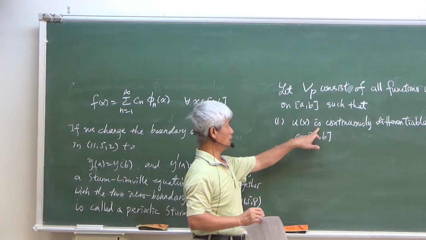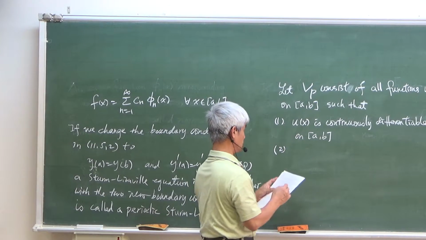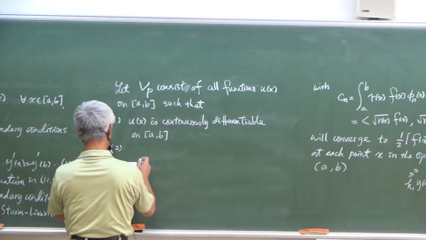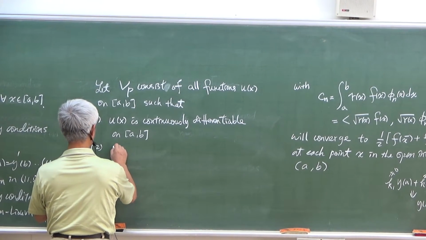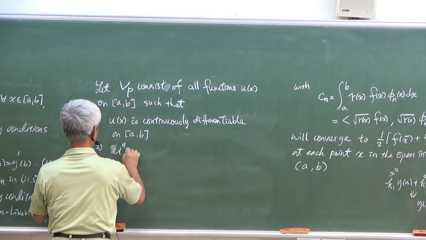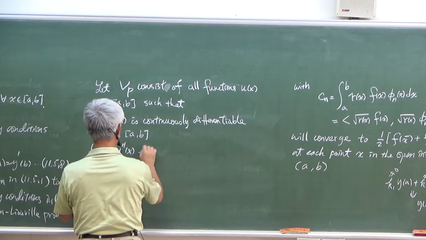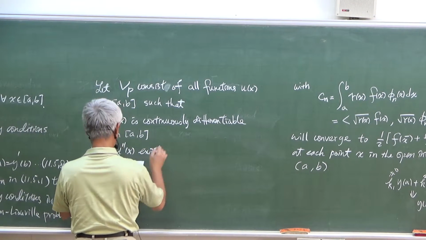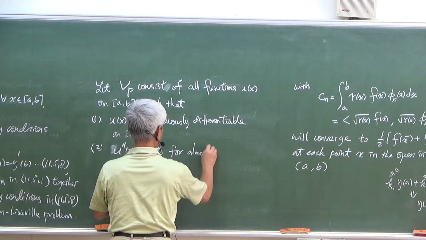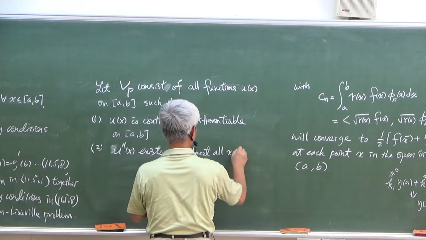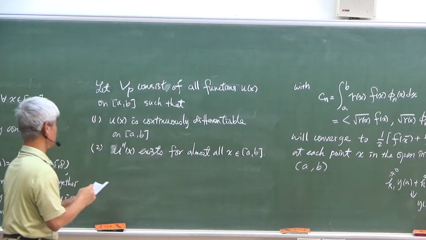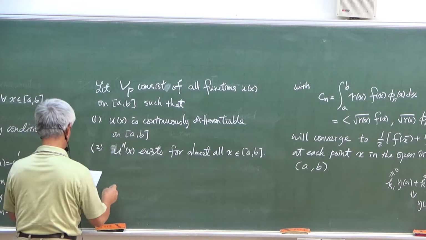This is so-called continuously differentiable. Okay, and two, u double prime of x, the second derivative, exists for almost all x in [a, b].